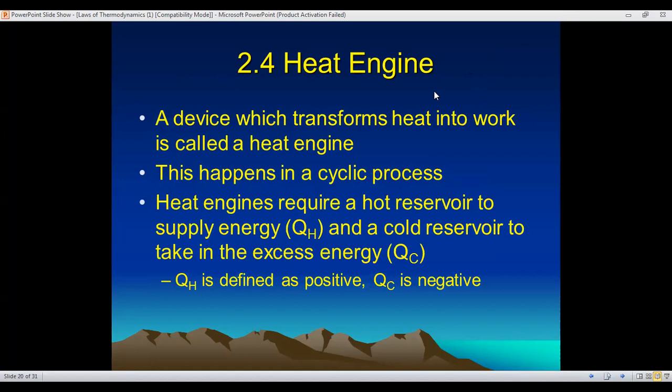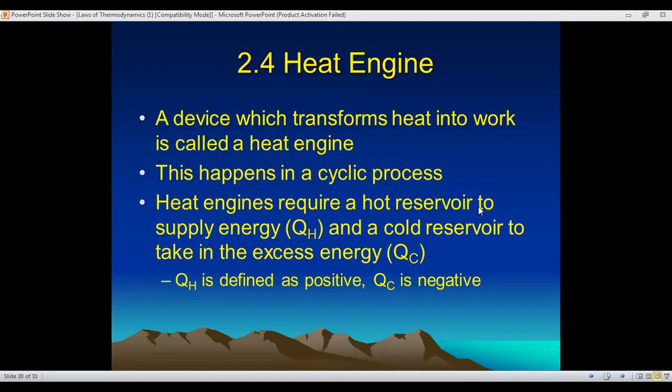Now, what is a heat engine? A heat engine is equipment which works on the second law of thermodynamics. A device which transforms heat into work is called a heat engine. This happens in a cyclic process.